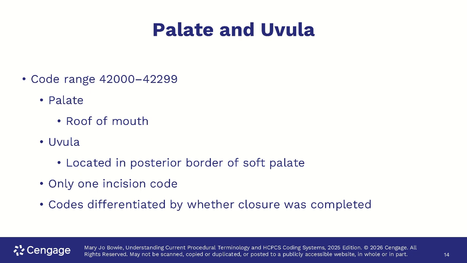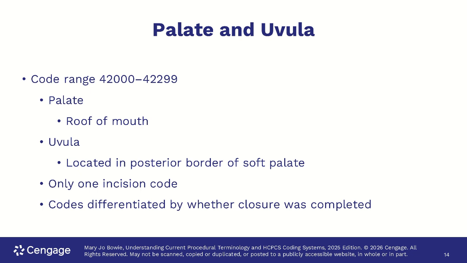If you take out your cell phone, not right now, you could actually see the uvula. So there's only one incision code in this particular range, and it's for drainage of abscess, palate, uvula.